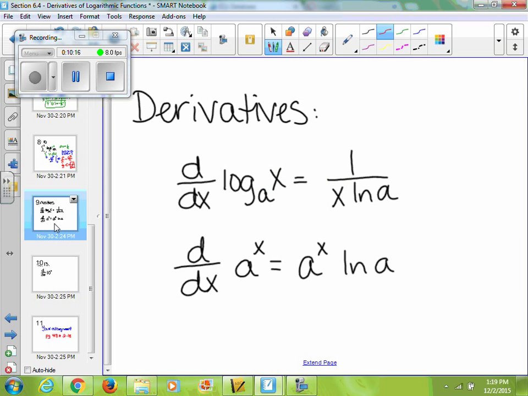And last thing we're going to look at is the derivative of any type of log, because we've looked at just natural logs, so now let's look at regular log functions.